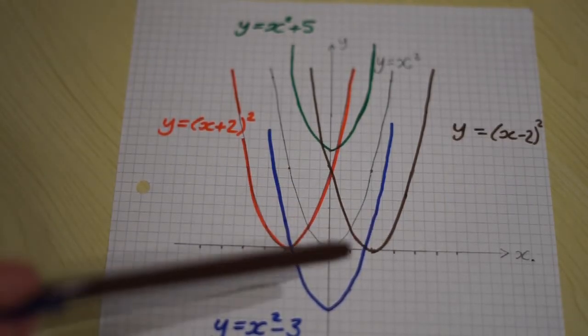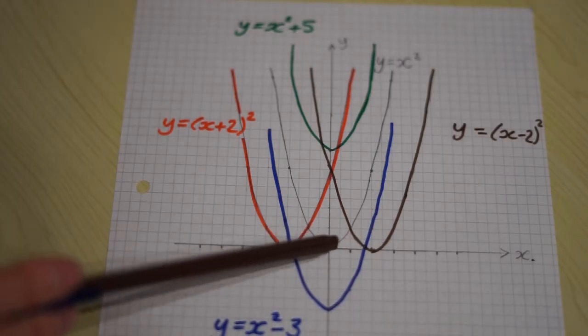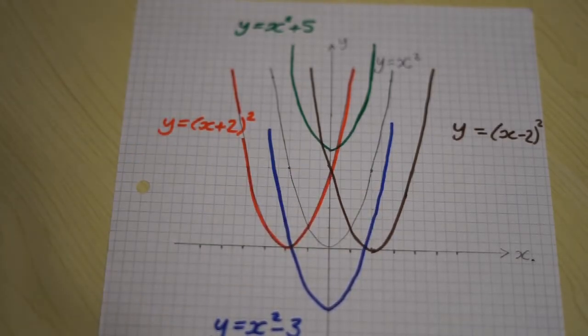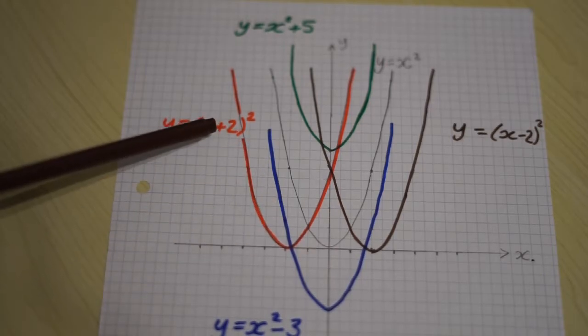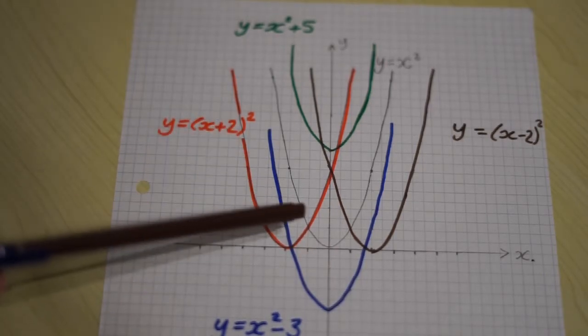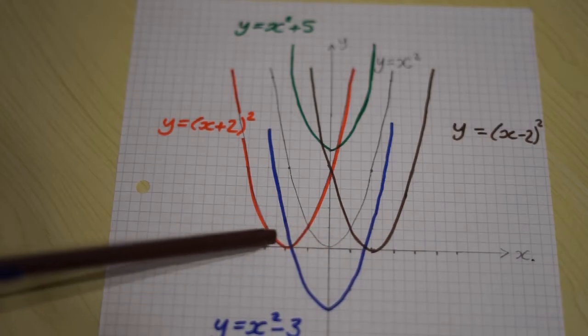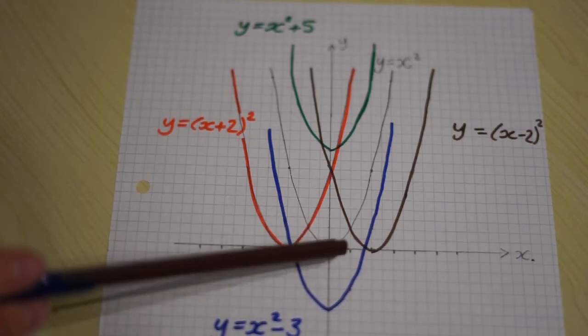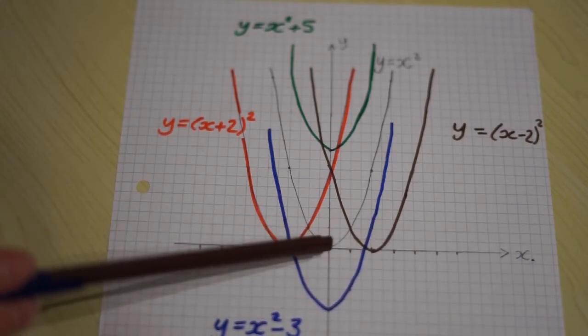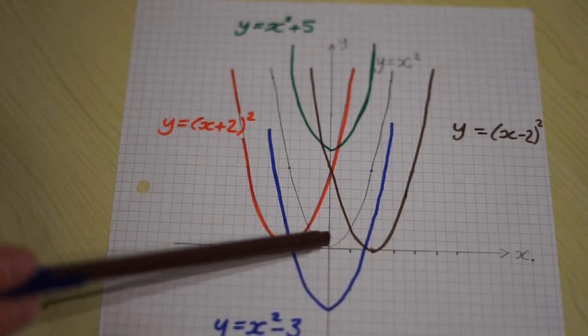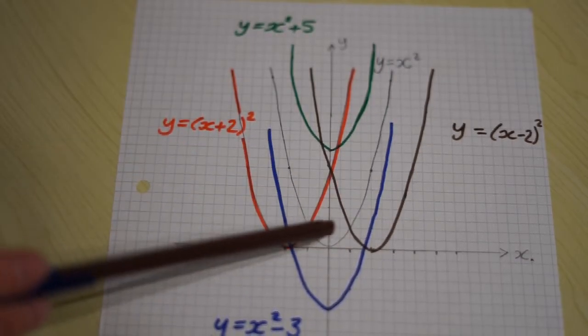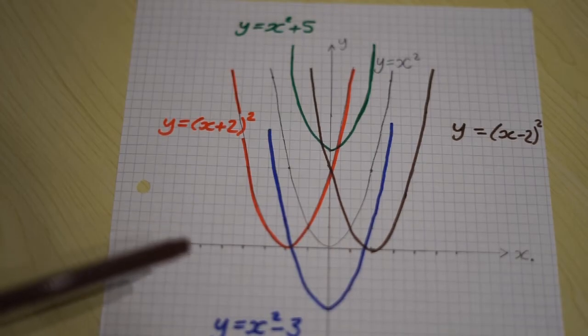These movements of the last two examples, the red one and the brown one, could be viewed as counterintuitive. So on the red one we add a constant and it moves the graph in the negative direction, and in the brown graph's case we take away a constant and it moves in the positive direction.